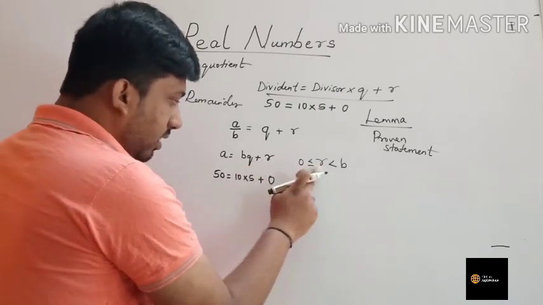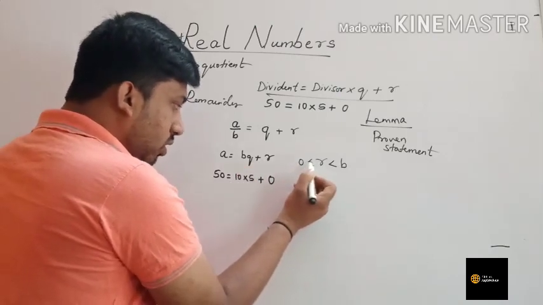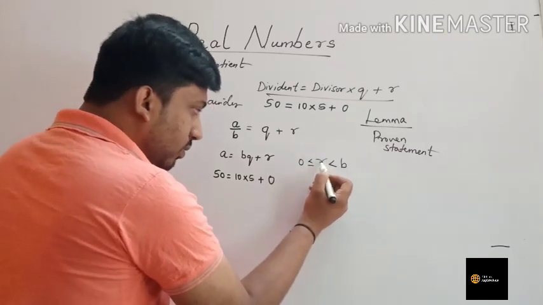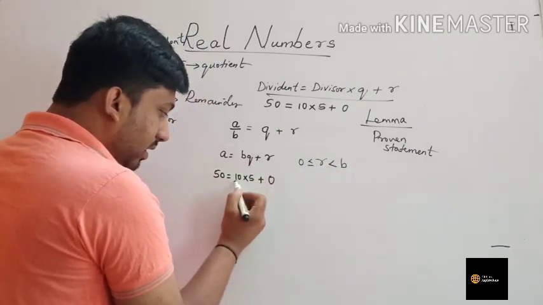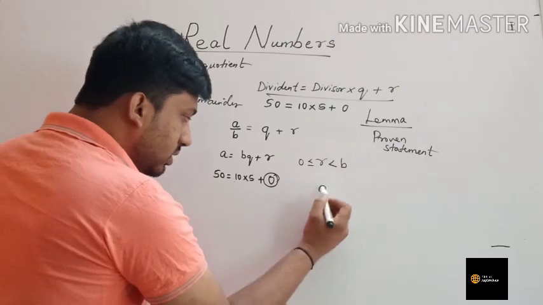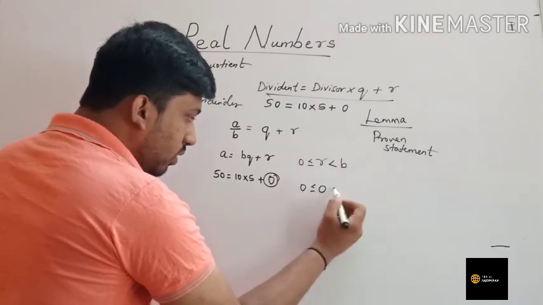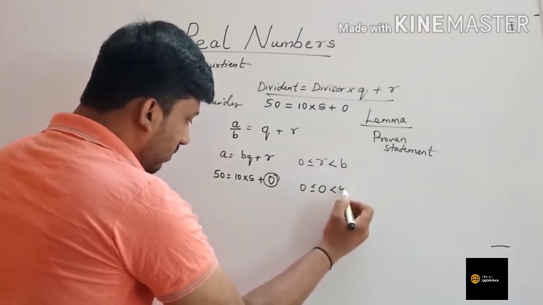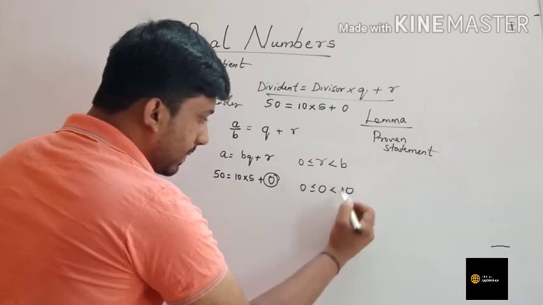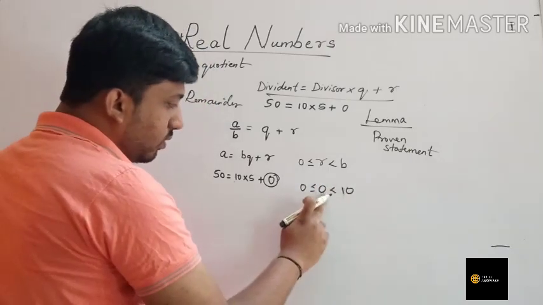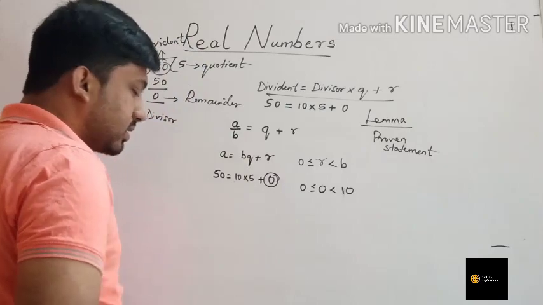This r should be equal to 0 or greater than 0 but less than b, less than 10. Here 0 is less than or equal to 0, or less than 10. Obviously it is equal to 0, right? So it happens like this.